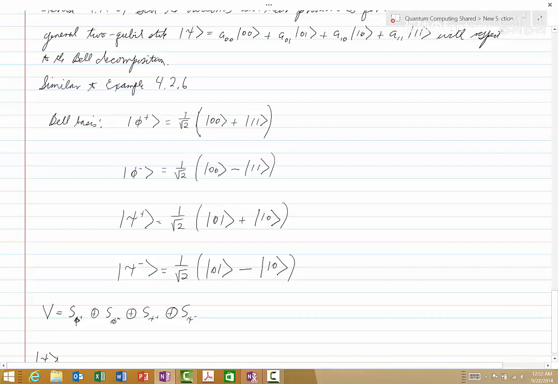They will remain separate. The only difficulty we have, of course, is that psi is not written in terms of those vectors. It's written in terms of the vectors in the standard basis. So to complete this problem, we need to somehow conduct the conversion from the standard basis to the Bell basis. Now, we can do this by taking inner products of psi with each vector in the Bell basis and finding out all the appropriate coefficients.